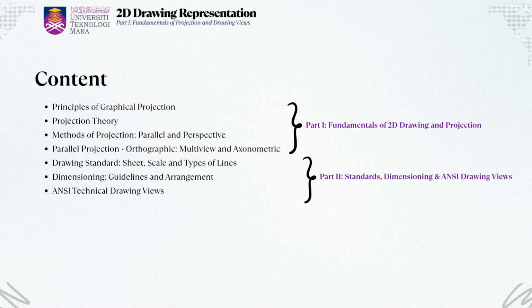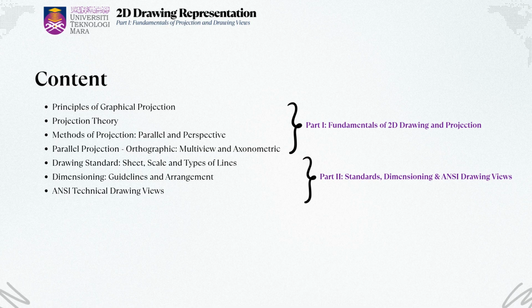Next, we'll discuss drawing standards, which ensure consistency across technical drawings. This includes understanding sheet sizes, drawing scales, and the types of lines used to represent different features like visible edges, hidden parts, centers, and section cuts. We'll also cover dimensioning guidelines, which teach you how to correctly place and format measurements on your drawings to clearly communicate the size and position of every feature.